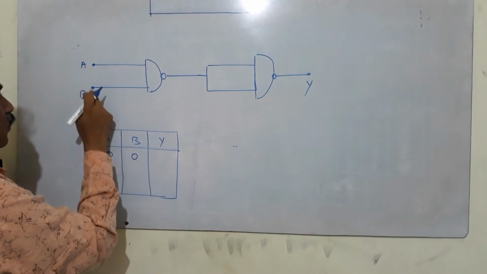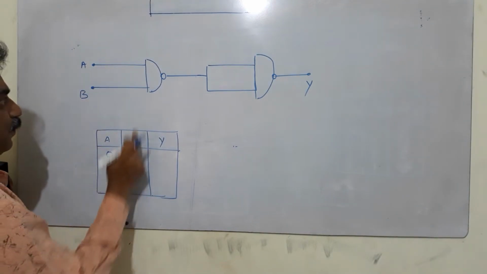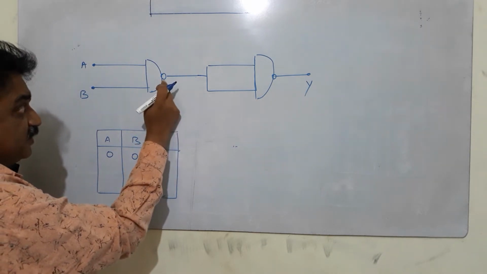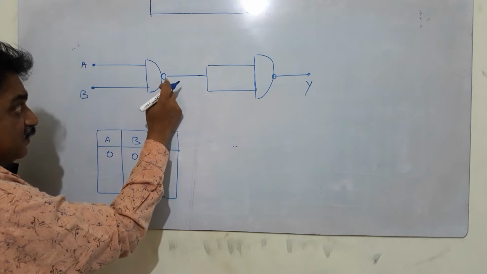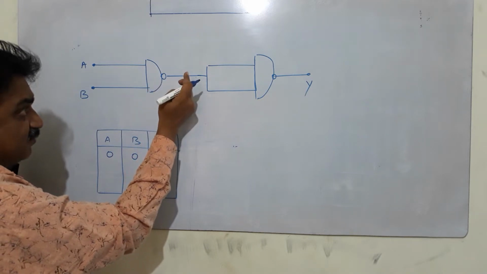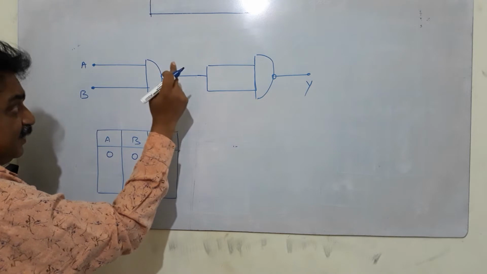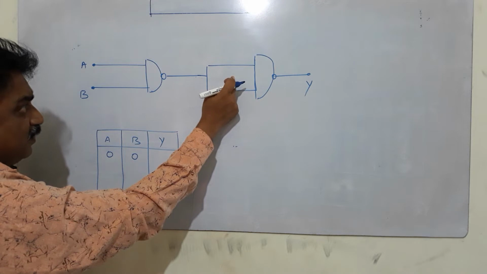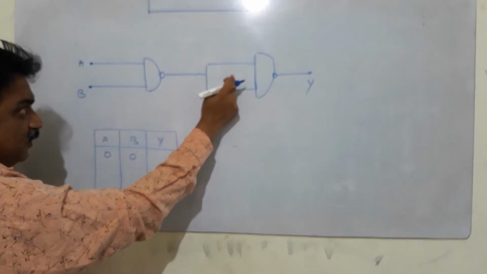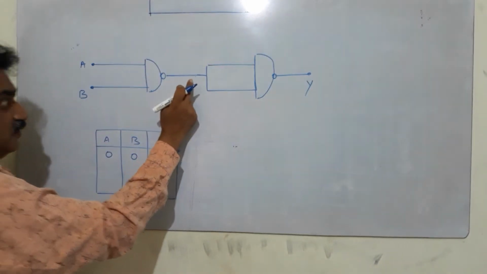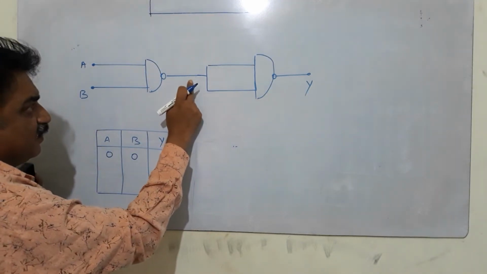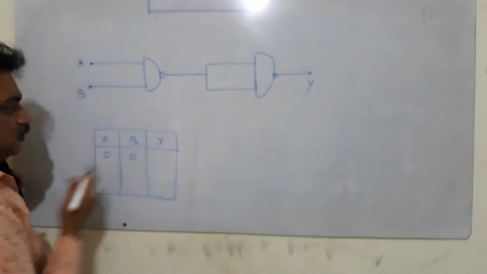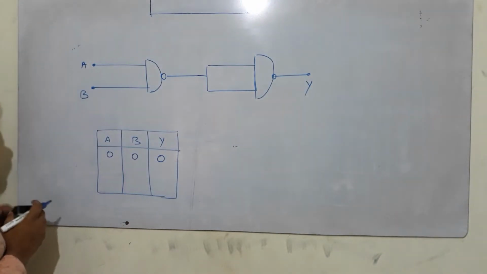For two inputs 0, for the AND gate the output will be 0, and this bubble indicates a NOT gate. This 0 is converted to 1, and this 1 is the input for this NAND gate, which is also called a NOT gate, a single input NAND gate. So this 1 becomes 0 for this output, so that the output is Y.